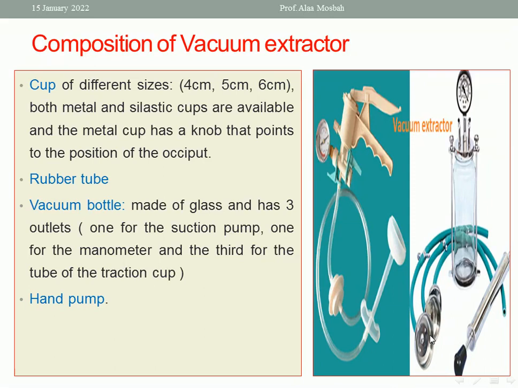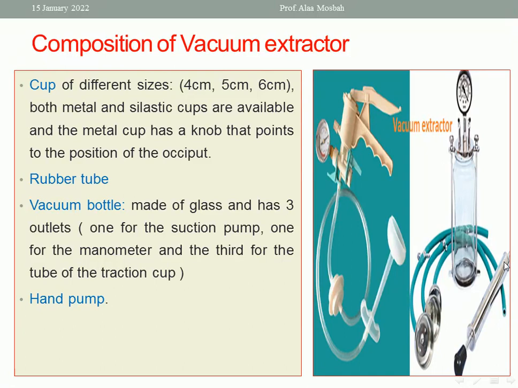So the cup, metal cup or silastic cup, rubber tube like this one, pump like this one, bottle like this one. This vacuum bottle, made of glass, has 3 outlets as you see. 1, 2, 3. One is connected to the pump.